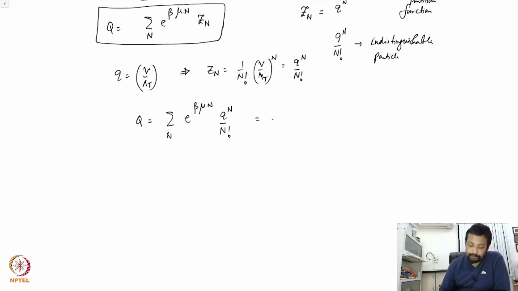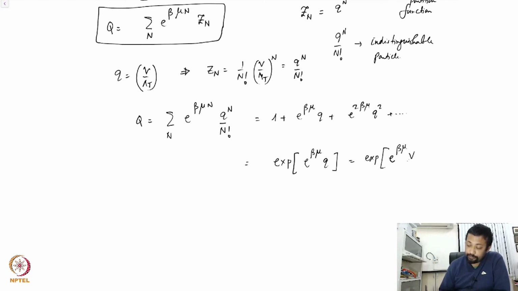If I expand this sum, this is going to be 1 plus e to the power beta mu q plus e to the power 2 beta mu q squared, and so on and so forth, and this is going to be the exponential of e to the power beta mu times q, which is exponential of e to the power beta mu V over lambda t.